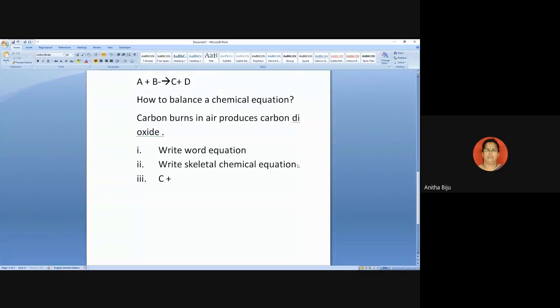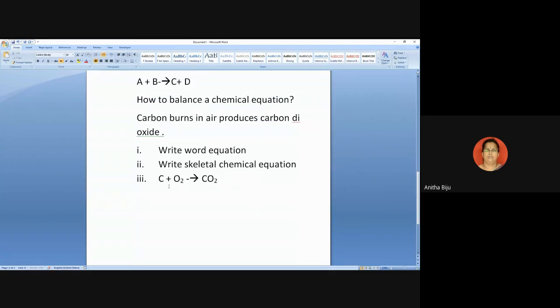C plus the formula of oxygen, which is O2, gives the formula of carbon dioxide, which is CO2. In this case, for carbon, the formula is C and its symbol is also C. Carbon dioxide's formula is CO2.